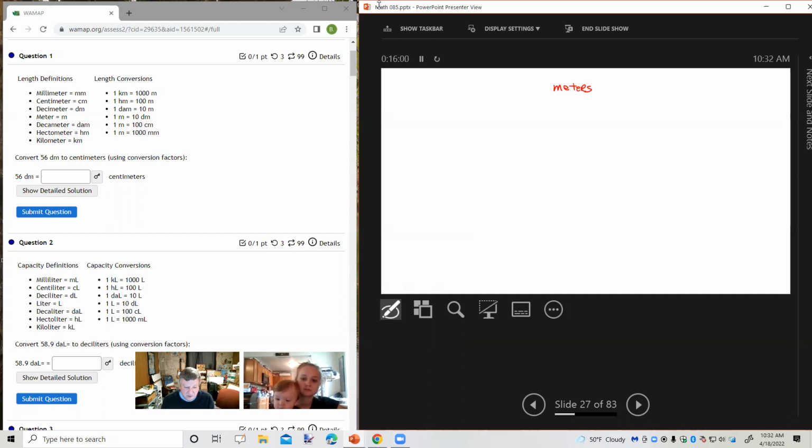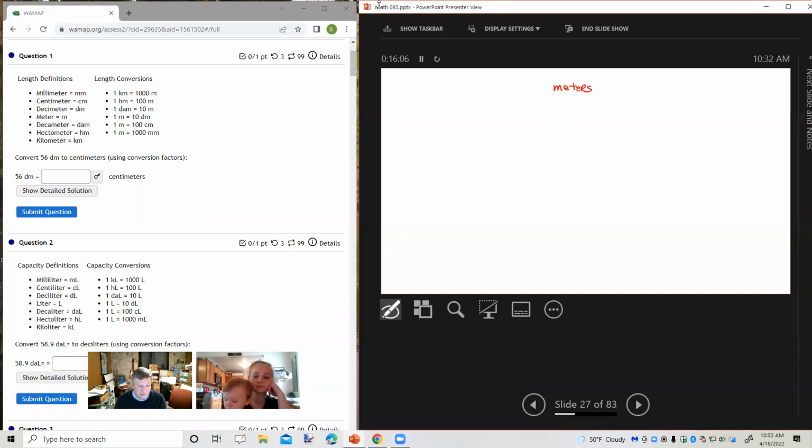In the American system, we have inches, feet, yards, miles, then some obscure things like furlongs and chains, but typically we use inches, feet, yards, and miles. In the metric system, everything is based around a unit of a meter, which is a little bit more than 1 yard. It's about 39 inches or so.